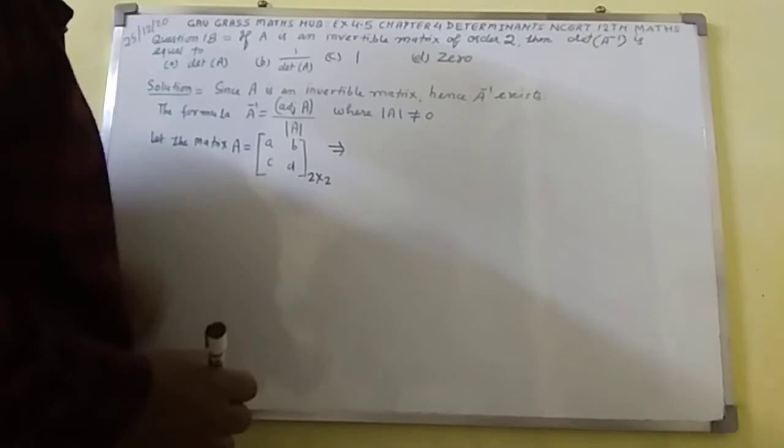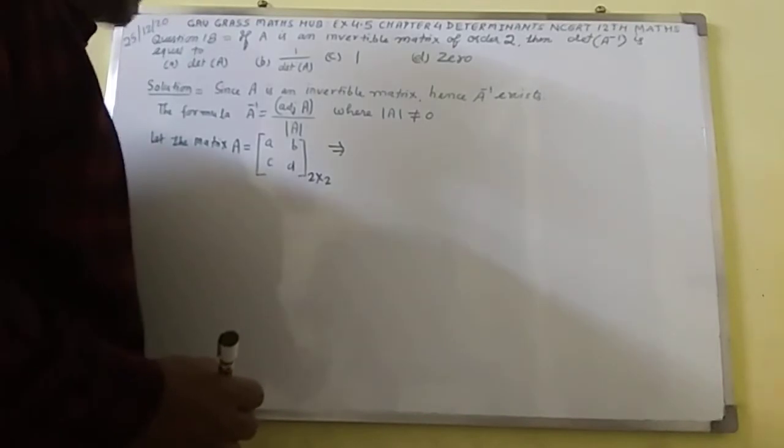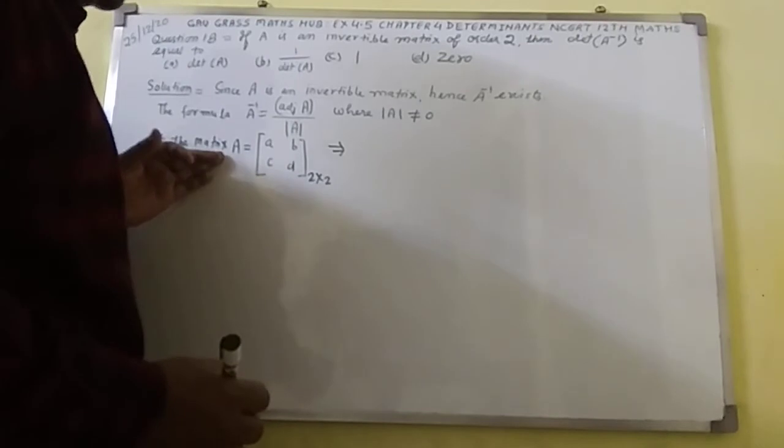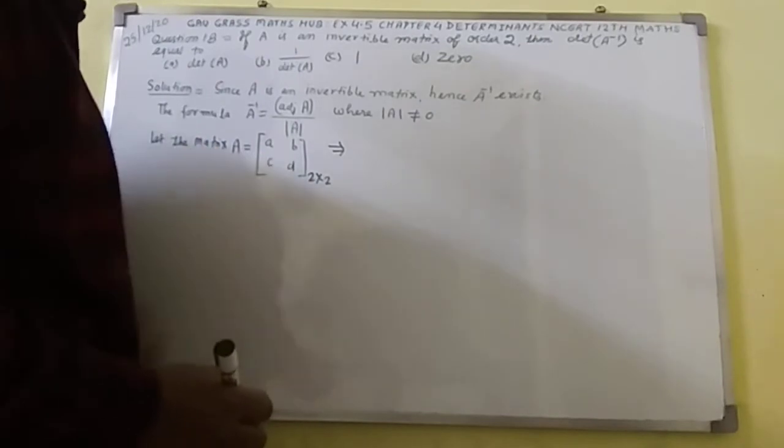Then I can easily get the determinant of matrix A because matrix A is a square matrix of order 2 cross 2.